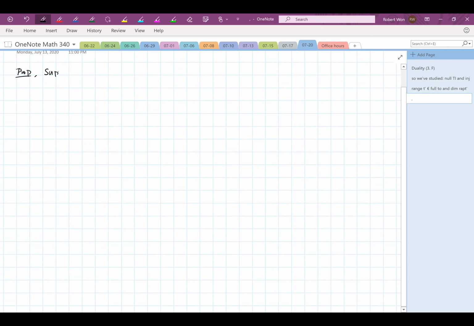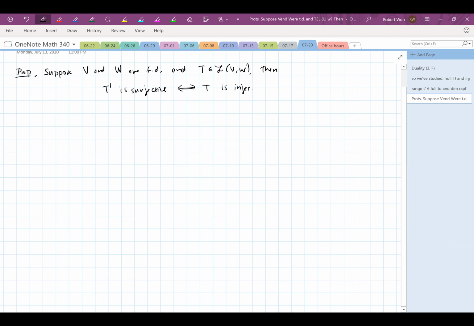So again, I'm going to suppose that V and W are finite dimensional, and T is a linear map from V to W. Then the dual map is surjective if and only if the original map is injective. Again, maybe a theorem you actually could have guessed, but we need to prove it.